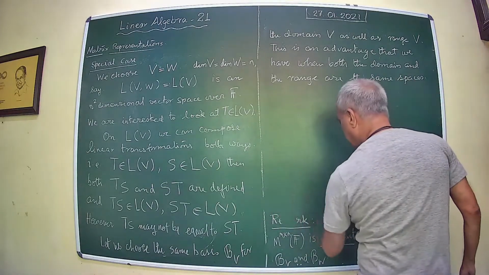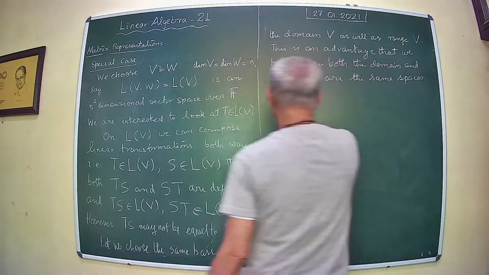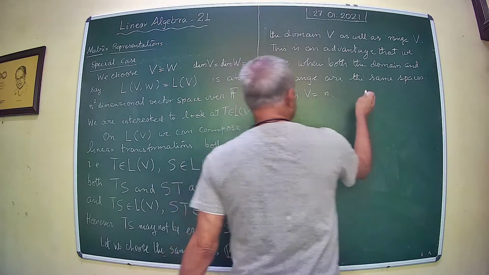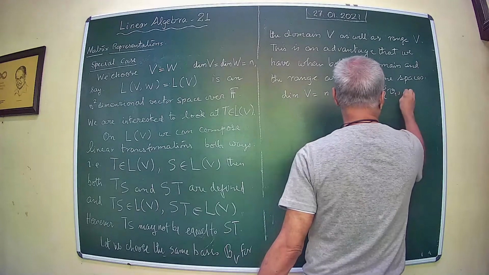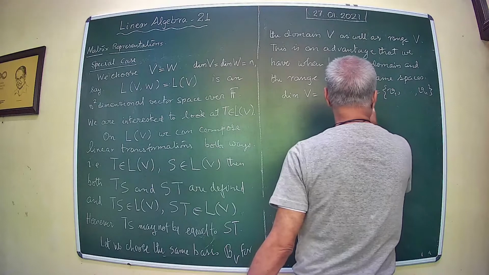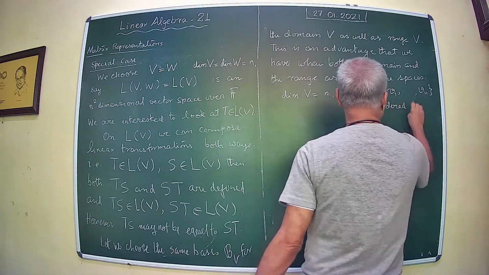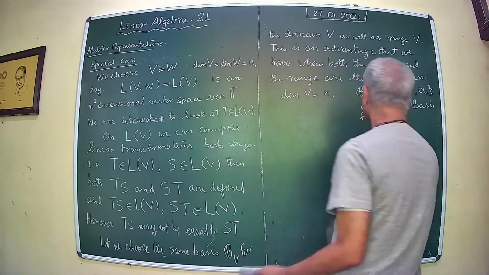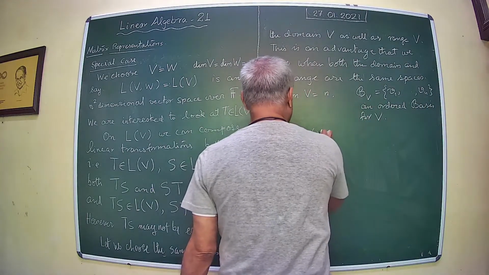So henceforth we fix the dimension of V equal to n. We choose B as the ordered basis, and T belonging to L(V) pick up.